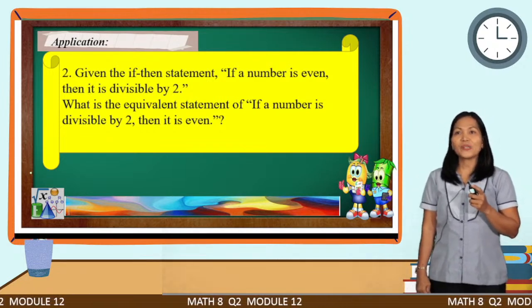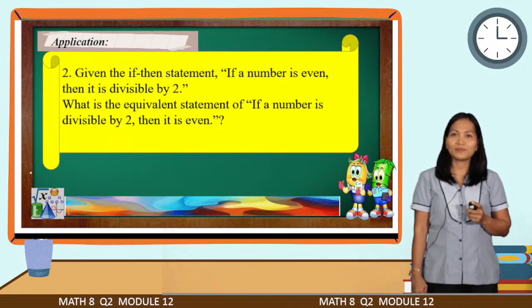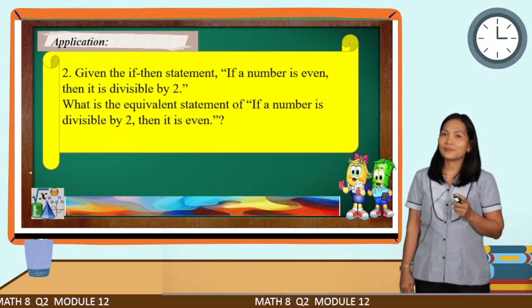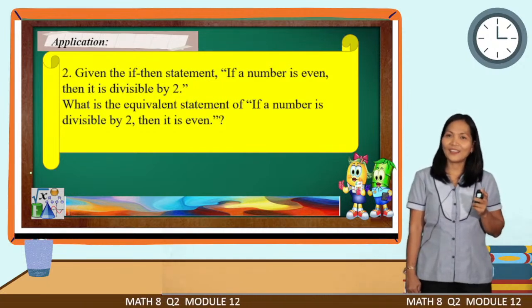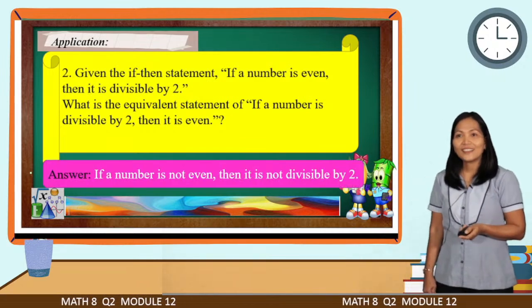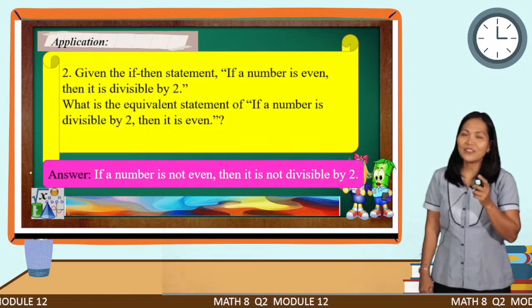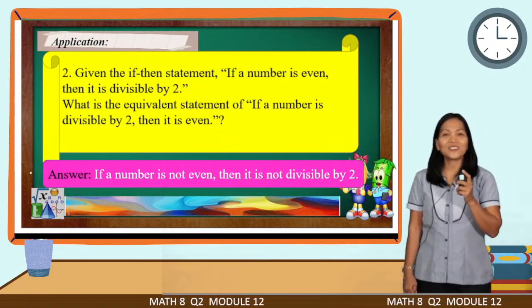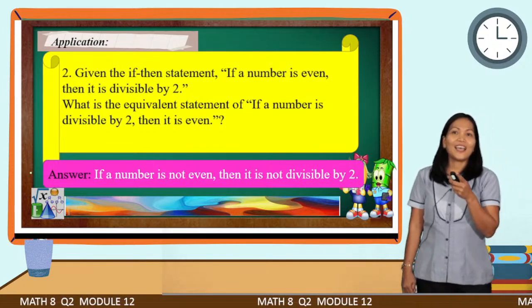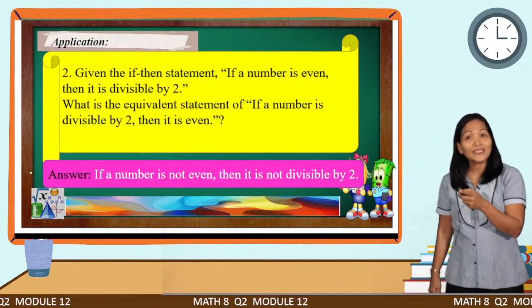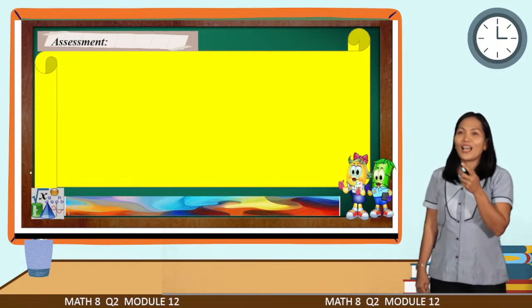If a number is not divisible by 2, then it is not even. Do you have the same answer as that of the correct one? Very good.